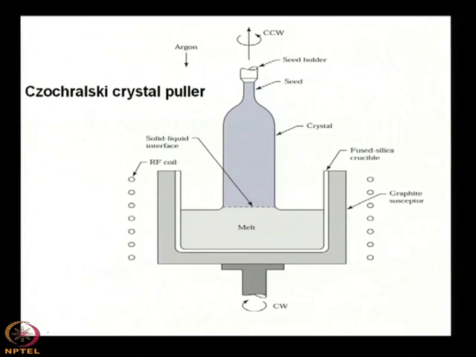So, what would be the surface? Surface will be vibrating. To reduce that vibration, magnetic field is applied. Why? Because unless you reduce the vibration, it will give rise to defects and dislocation. So, you see that the magnetic field is very important.